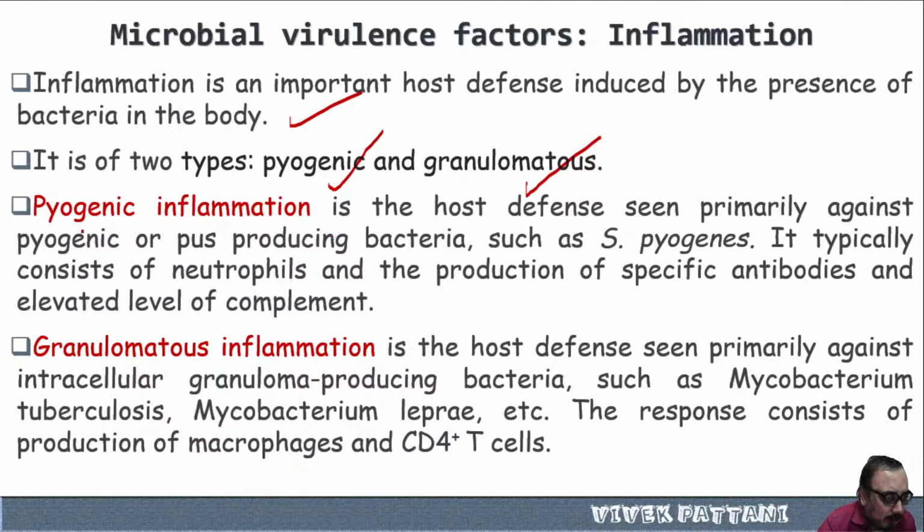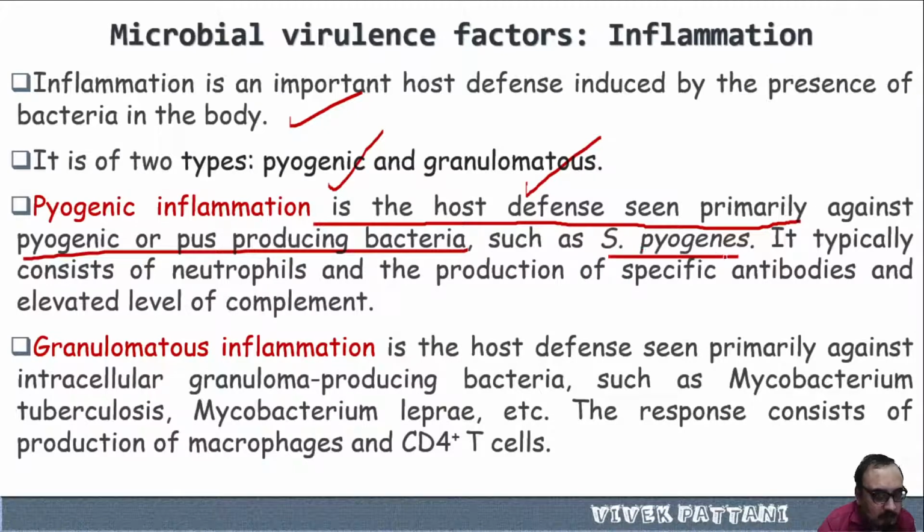Pyogenic inflammation is the host defense primarily against pyogenic or pus-producing bacteria such as Streptococcus pyogenes, and it typically consists of neutrophils, the production of specific antibodies and an elevated level of complement.